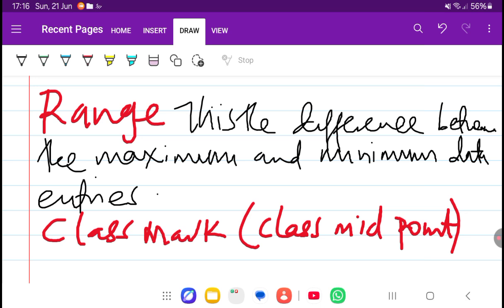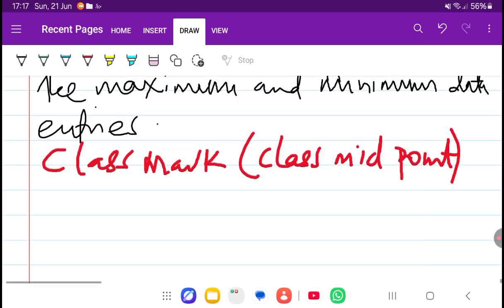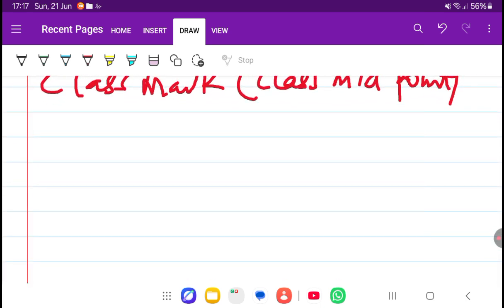Let me write the definition, because if I just say the average, someone may not understand it. This is the midpoint.